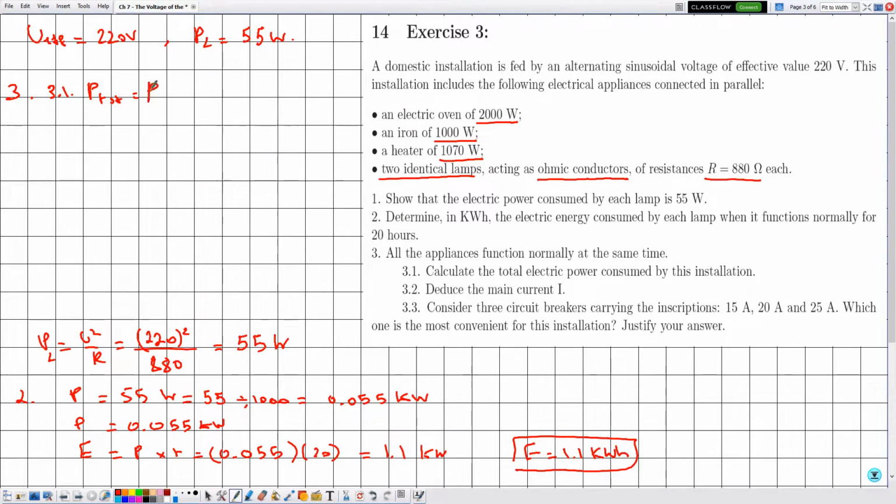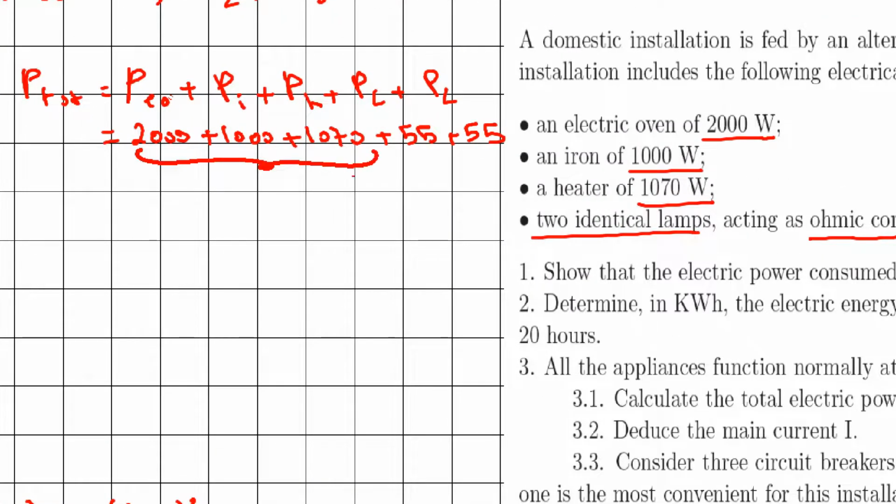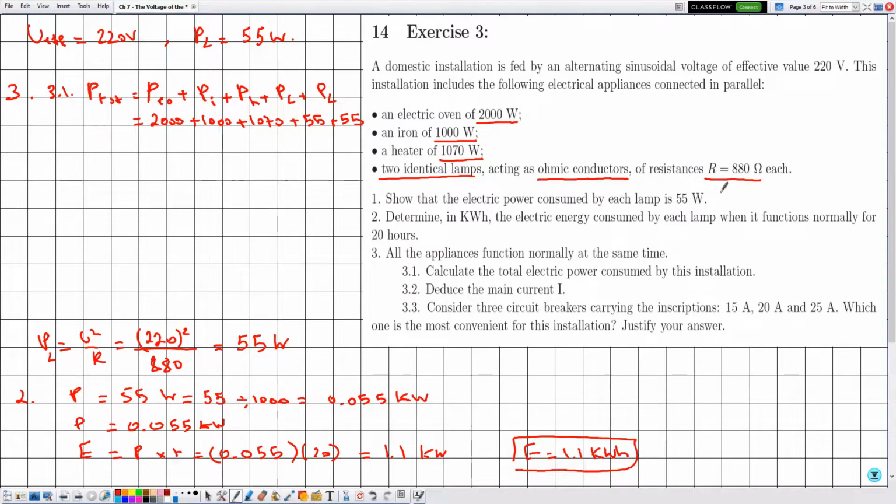So P of the electric oven plus P of the iron plus P of the heater plus P of the lamp plus P of the lamp, which is equal to 2000 plus 1000 plus 1070 plus 55, and here the power of the lamp must be replaced in watts and not kilowatts, because we know that in physics, whenever we are adding quantities, all of them must carry the same unit.